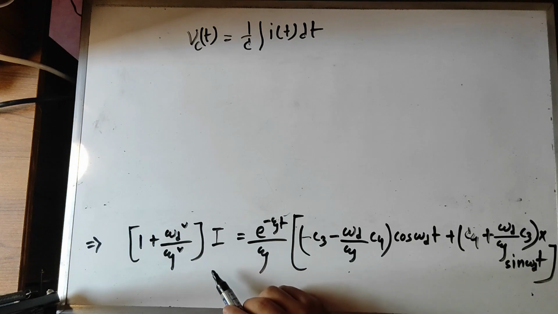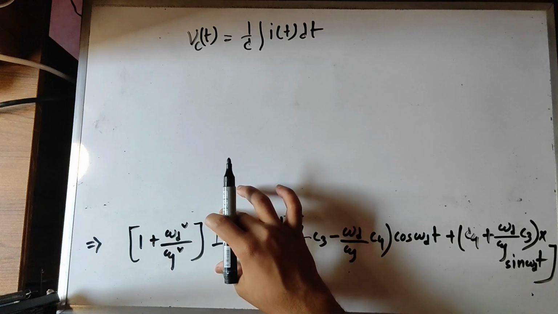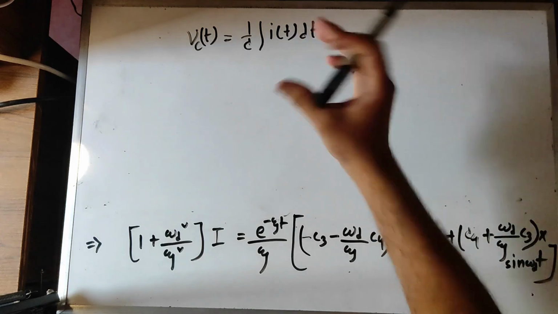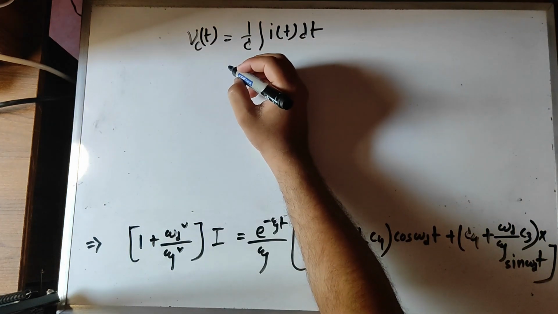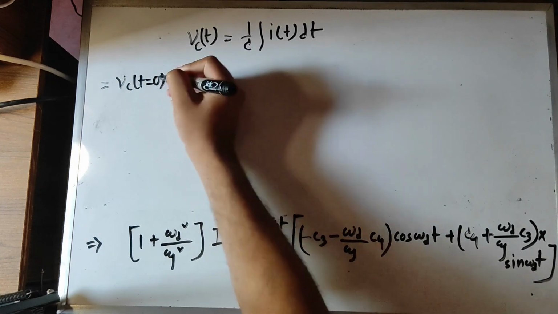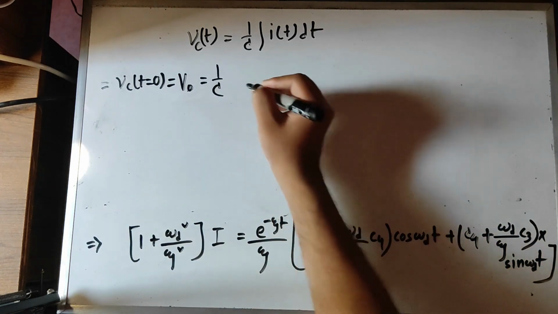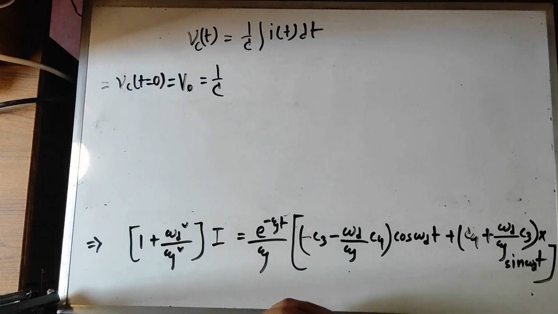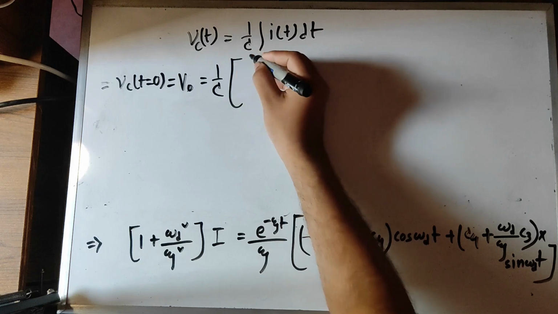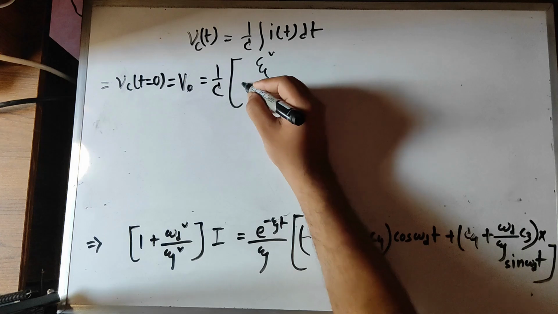We're just going to apply the value we have found for the I integral here and see the response. So at t equals 0, the initial voltage is V0, so 1 by C, and I is, so I'm writing this literally.